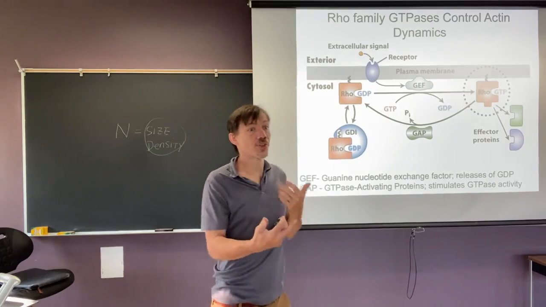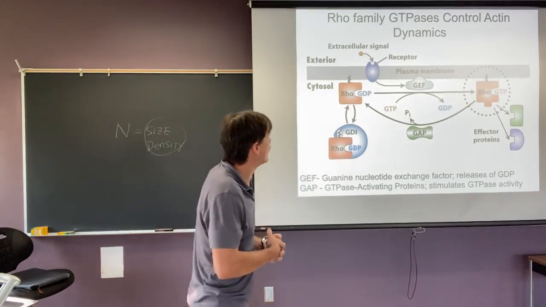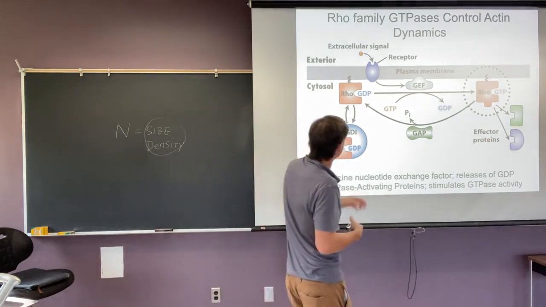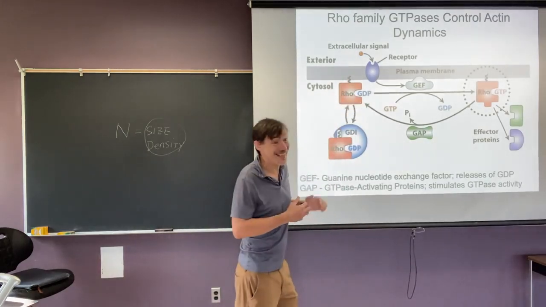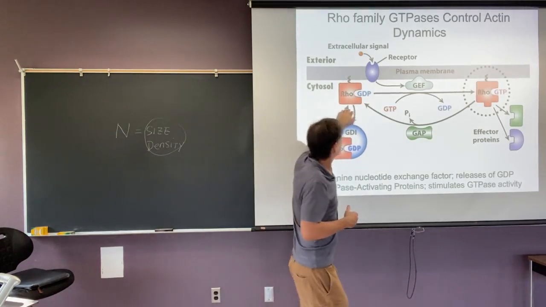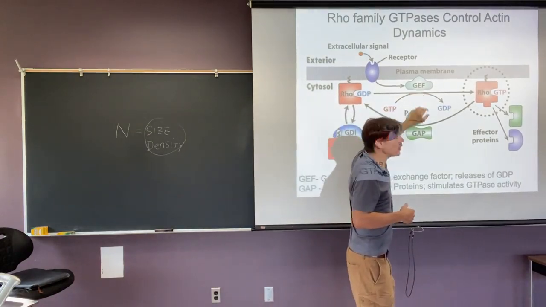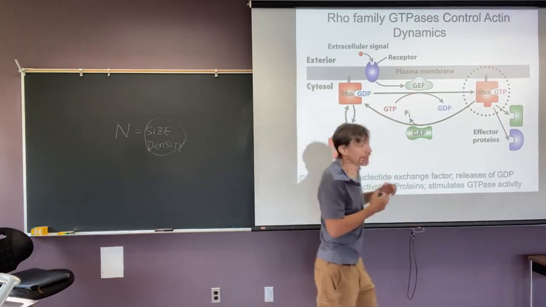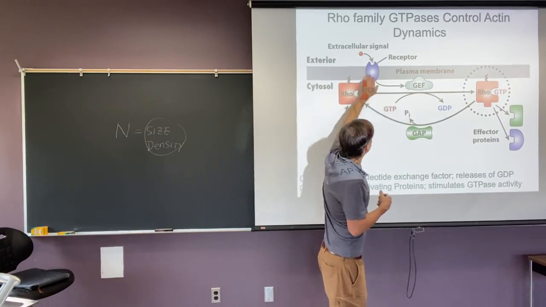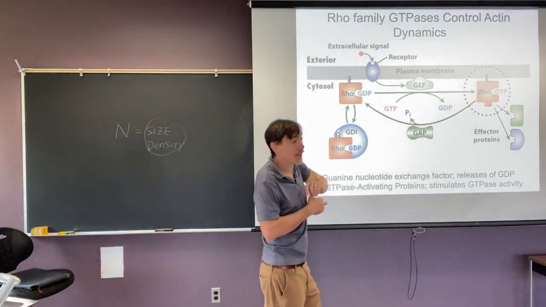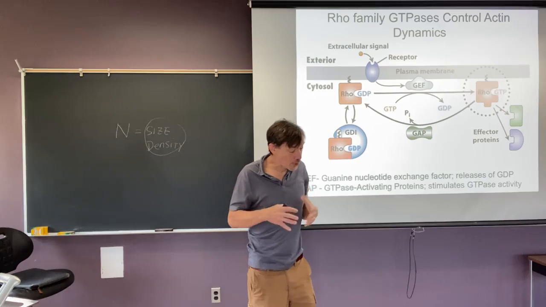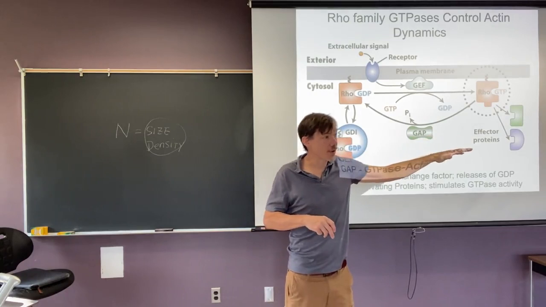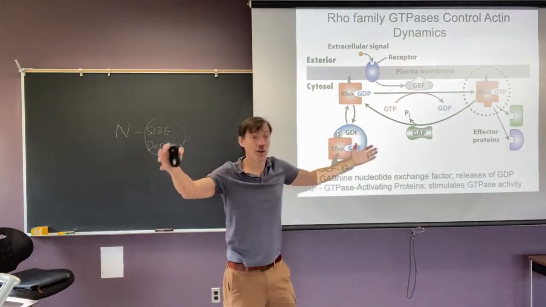And just as a reminder for the Rho family GTPases, the way they work is we'll start off with Rho bound to GDP. There's going to be a guanine exchange factor that's going to exchange that GDP for a GTP. That is being activated by a receptor on the membrane. So when I was showing that movie of a leukocyte chasing after a bacterium, it was sensing the outside world.